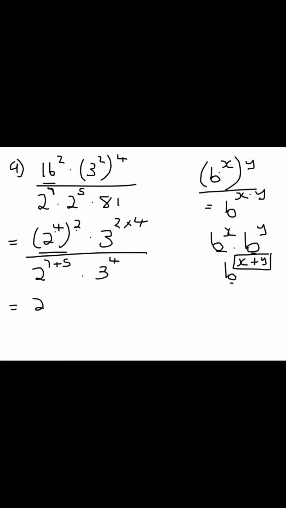When you multiply those, definitely it will be 8. And then you are having 3 to the exponent of 8, over 2 to the exponent of what is 7 plus 5? It should be 12, multiplying 3 to the exponent of 4.